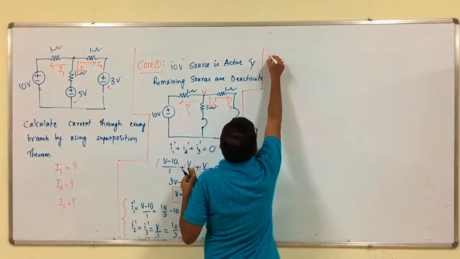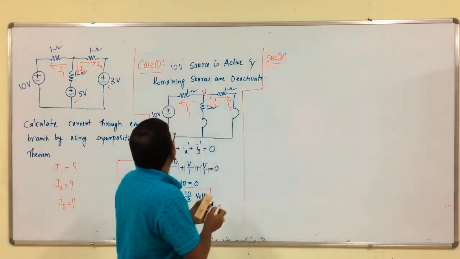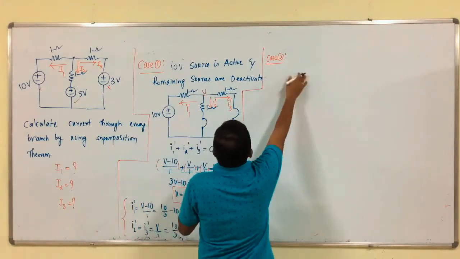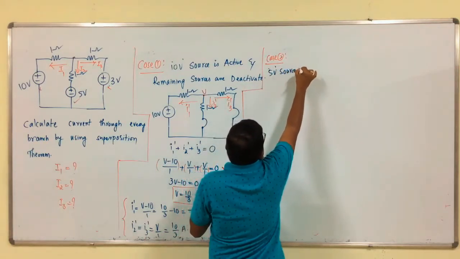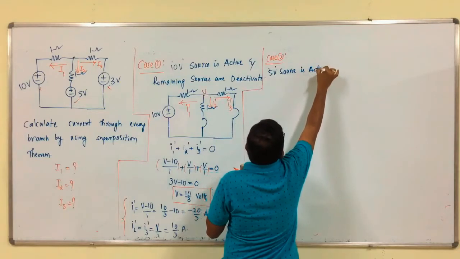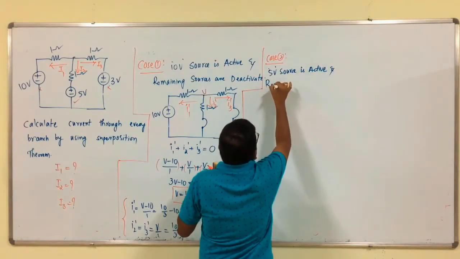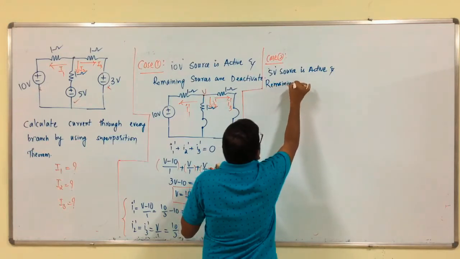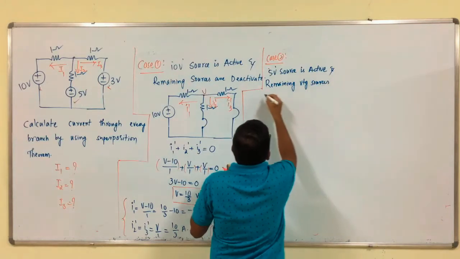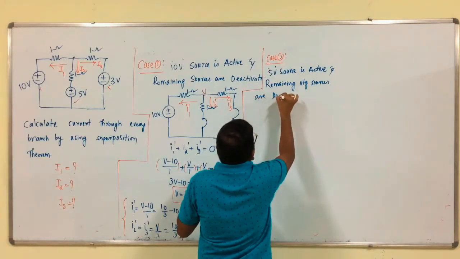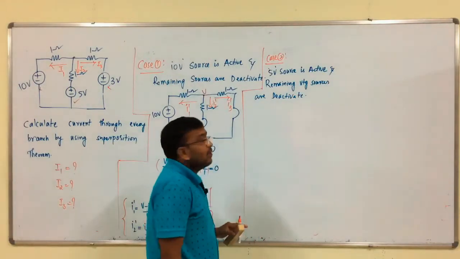Case 2: the 5 volt source is active and the remaining voltage sources are deactivated. You have to write like this, okay?